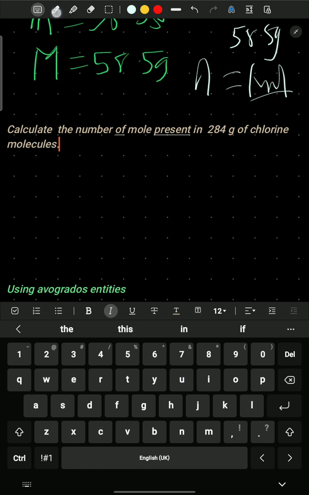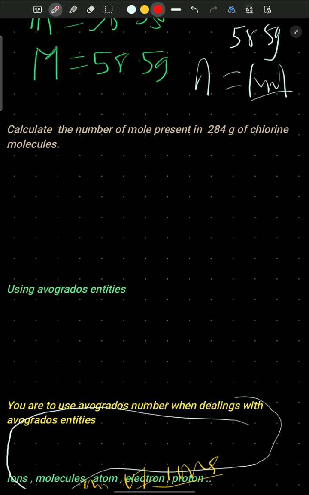Yes, this is a good question, and it came to my mind. That's the reason why I am writing it out now. Please, you need to understand these questions. Because the question mentioned molecules does not mean you should use Avogadro's entities. Please pay attention. The question says we should find the number of mole. But here you need to understand that if the question mentions chlorine molecules, it means Cl2.